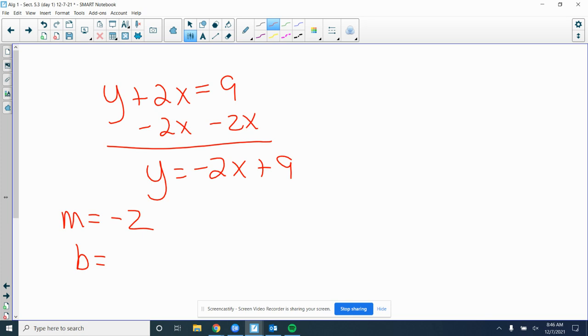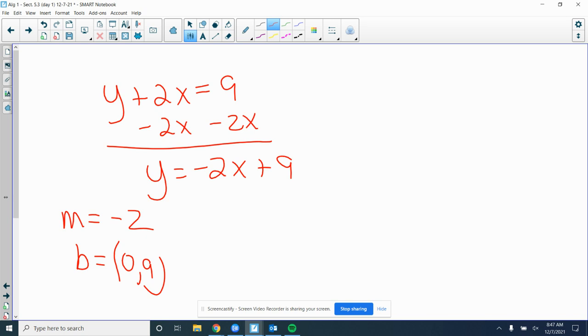I'm right here. What's my y-intercept? 9. The other equation is ready to graph. y equals 4x minus 3. My slope is 4. My y-intercept is -3. You just plot it. And they intersect at 2,5.